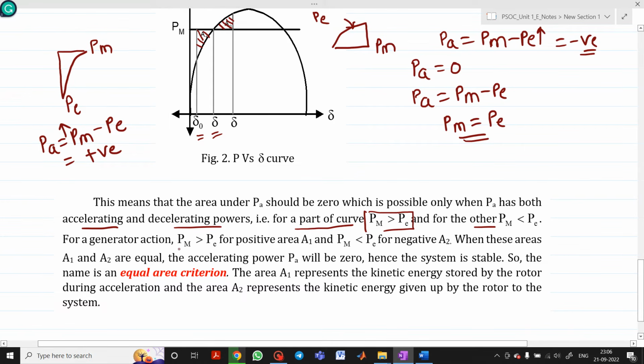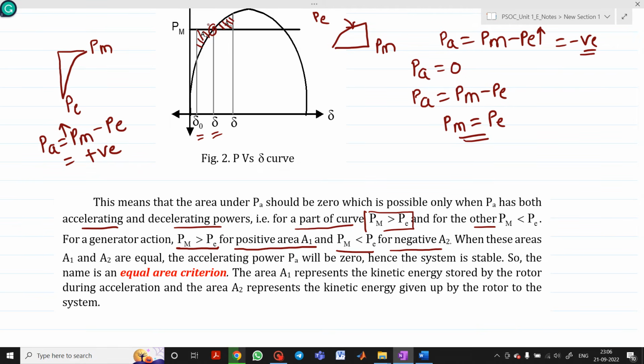So for generator action, Pm is greater than Pe for the positive area A1 and Pm is less than Pe for the negative area, that is A2. Whenever these two areas are exactly equal, you will get accelerating power equal to 0 and the system will be stable.